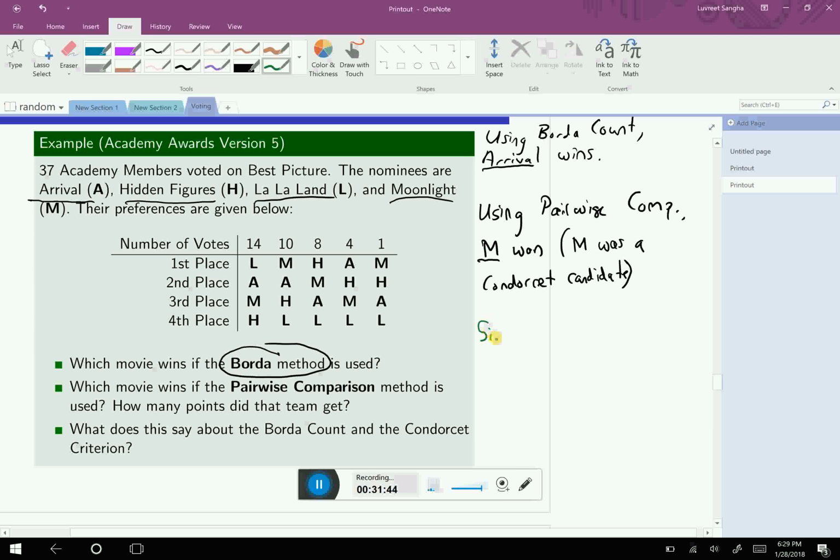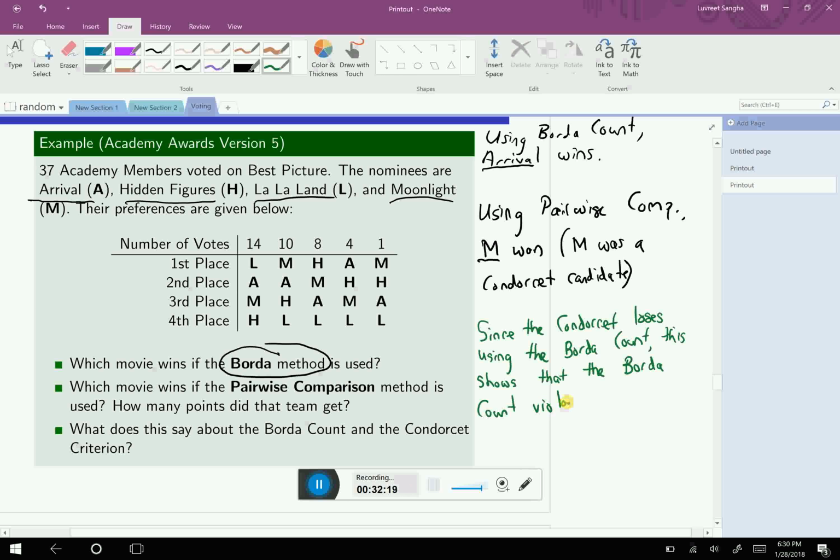So since the Condorcet candidate loses using the Borda count, this shows that the Borda count violates the Condorcet criterion.